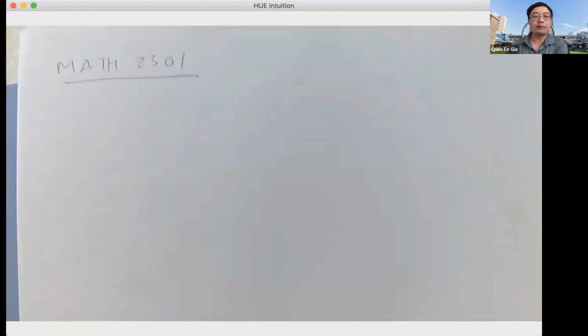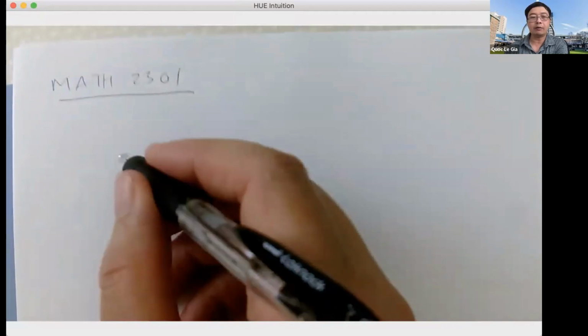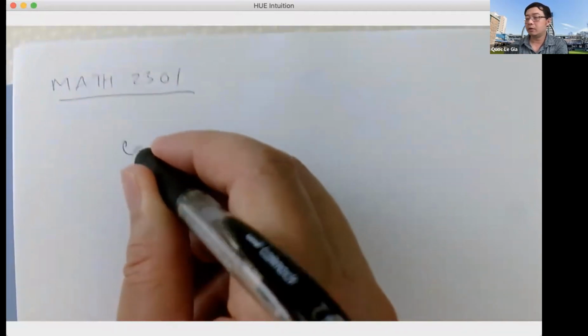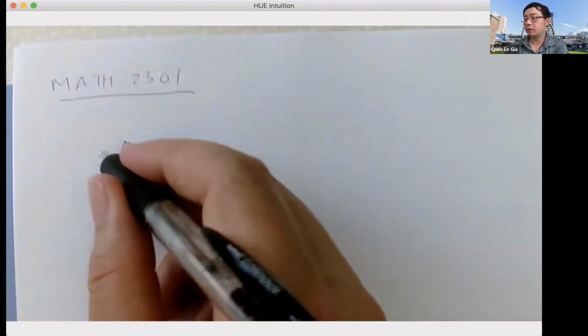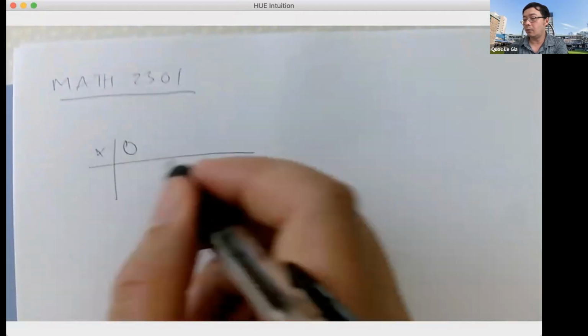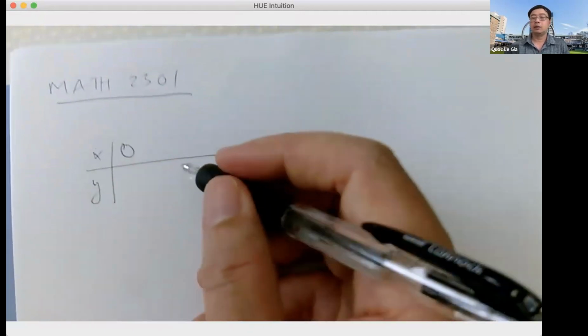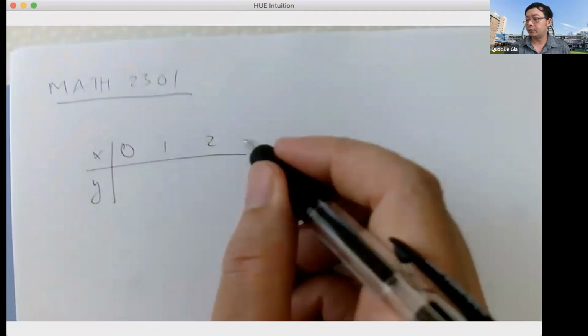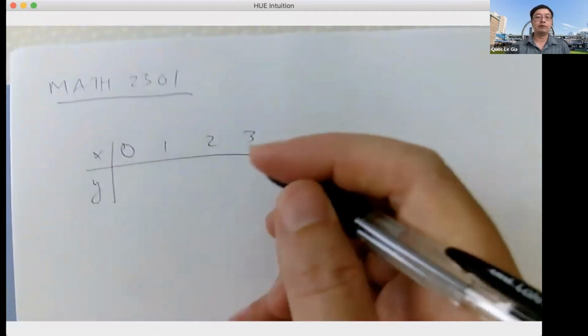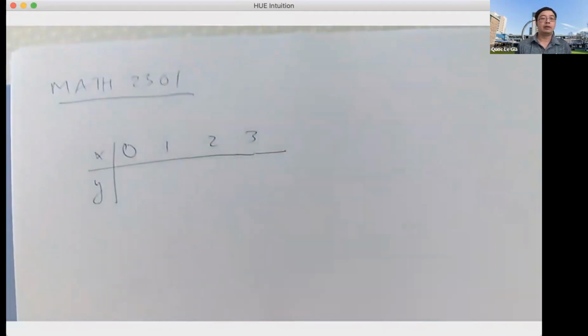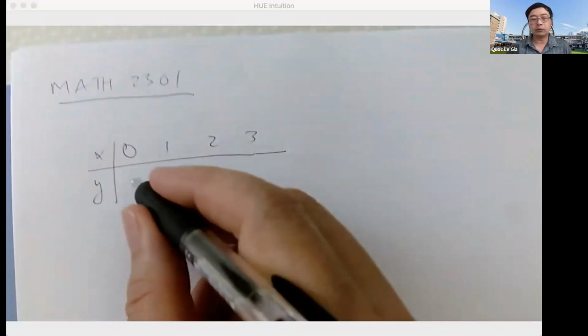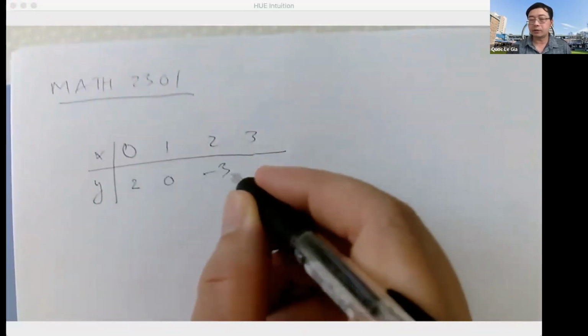You have the data: x is 0, 1, 2, 3, four points, and y equals 2, 0, -3, 5.